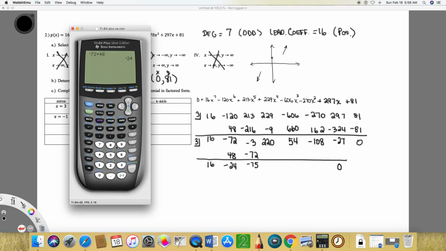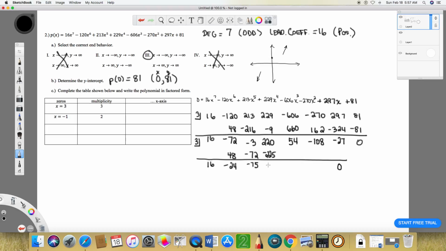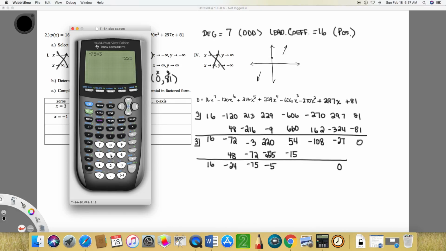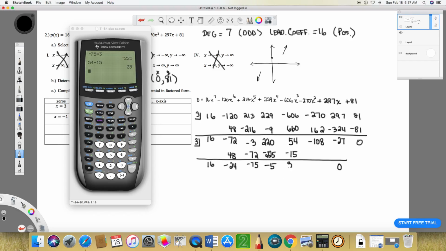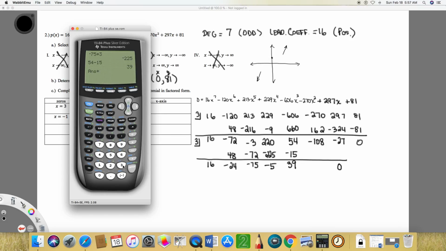Let's double check that. This calculator's kind of nice.